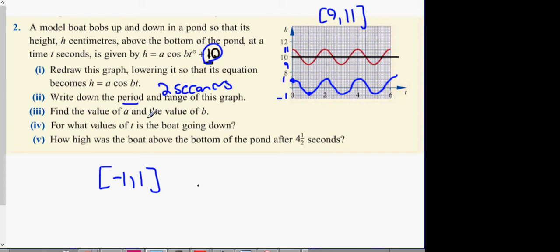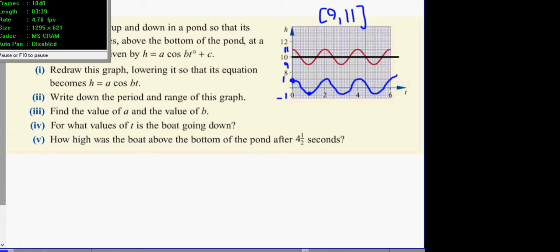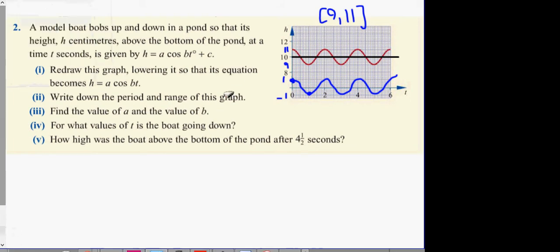Okay, find the value of A and the value of B. I'm trying to think about this now. Okay, guys, just give me a second with this. I was asked a question there: how would you go about drawing it out again? Well, you look at the amplitude, it goes from 9 to 11, which is worth 2.